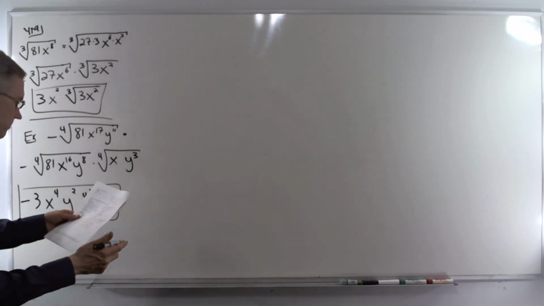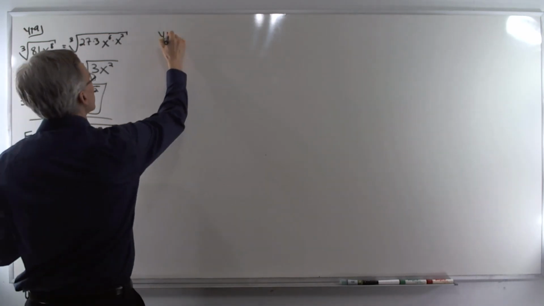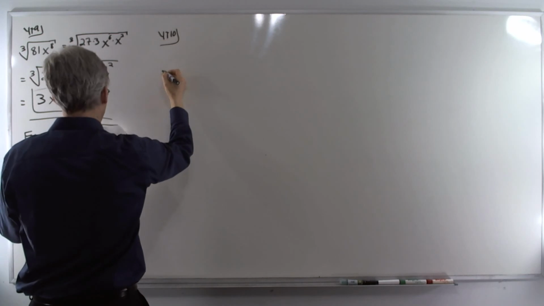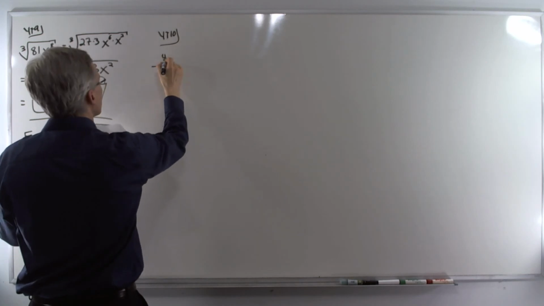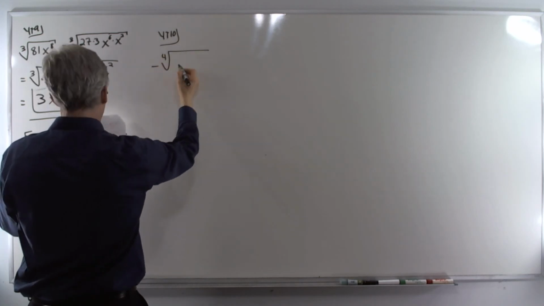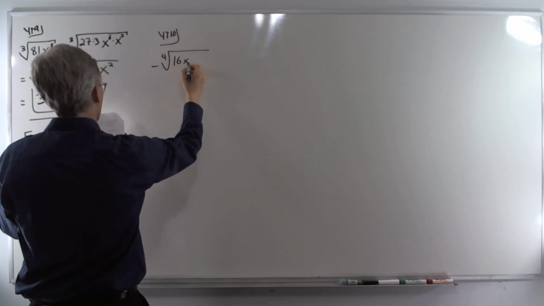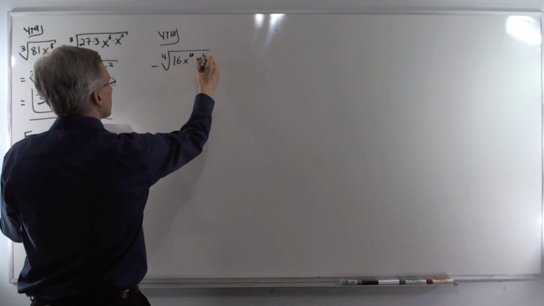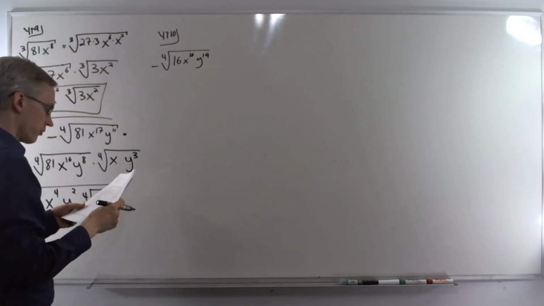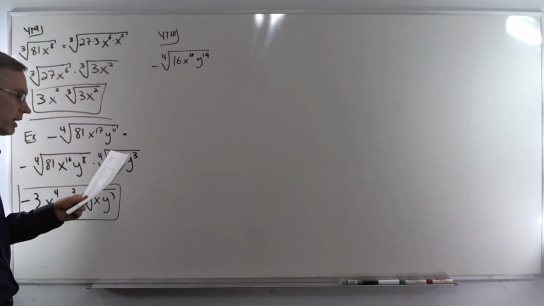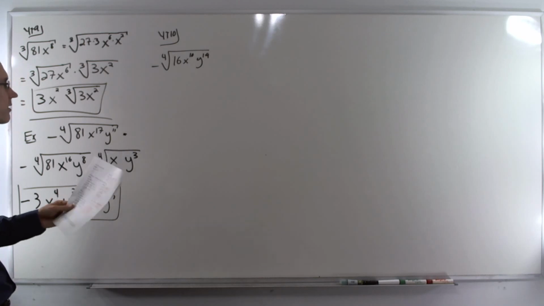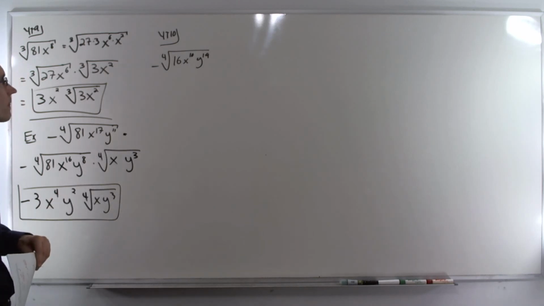Your turn, number 10. So we're taking the 4th root, or the negative 4th root of 16, x to the 10th, y to the 19th.